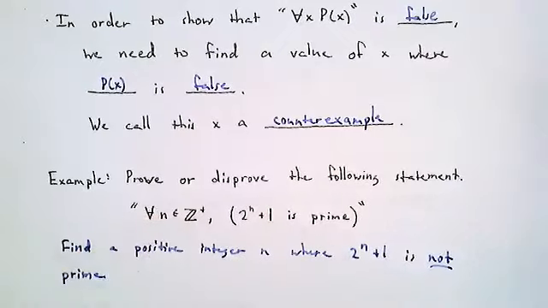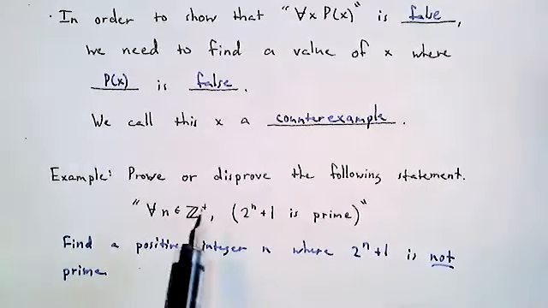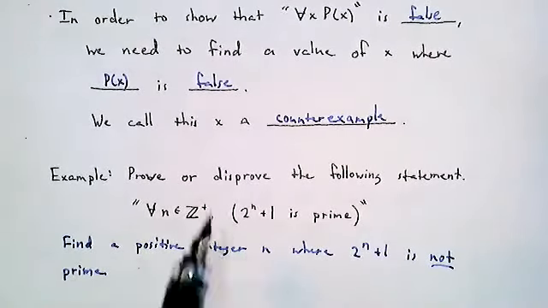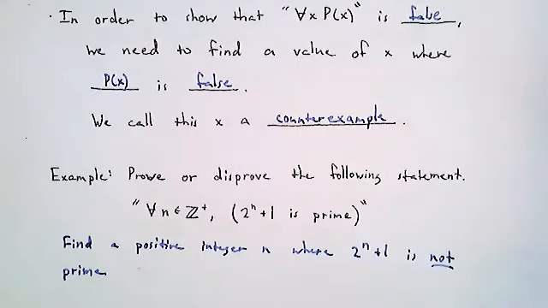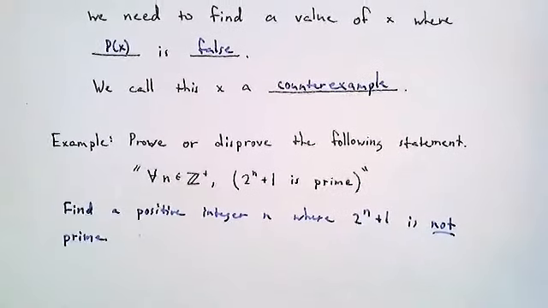We only have to find a single example. We don't have to worry about all numbers. A single example where this is false will show that the universally quantified statement is false.